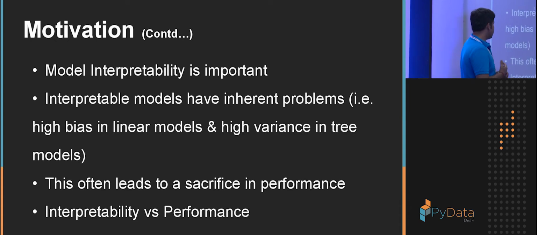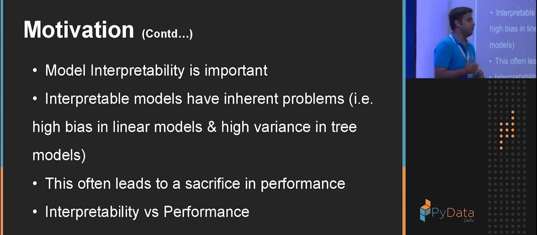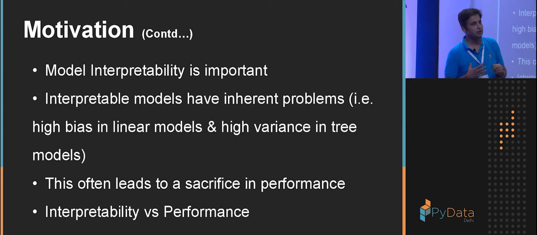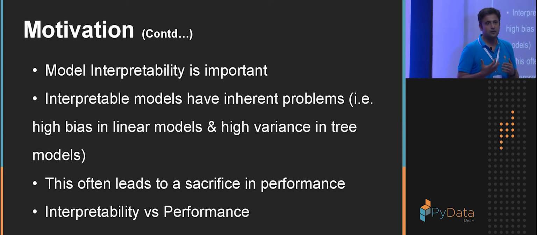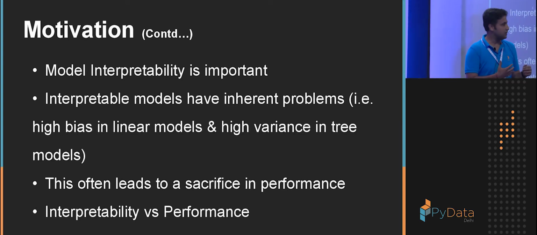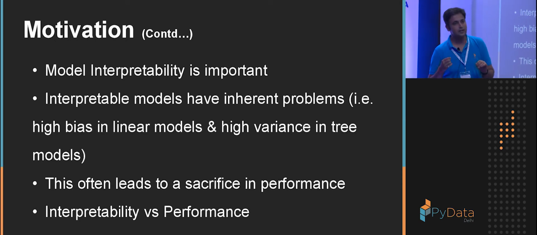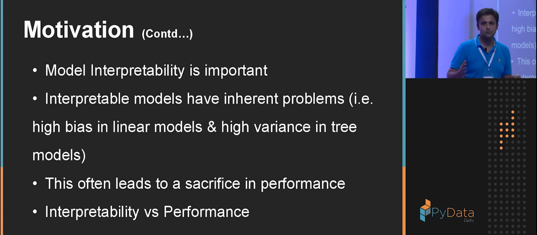This often leads to a sacrifice in performance. So when we try to make the models more interpretable, accuracy goes down. I'll show you a graph in a moment, but ultimately it boils down to interpretability versus performance.